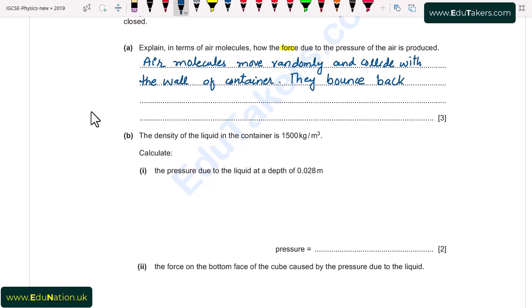When they bounce back, there will be a change in momentum. Due to the change in momentum, there will be a force exerted by the air, and we know that as pressure is equal to force per unit area, that's why there will be pressure.